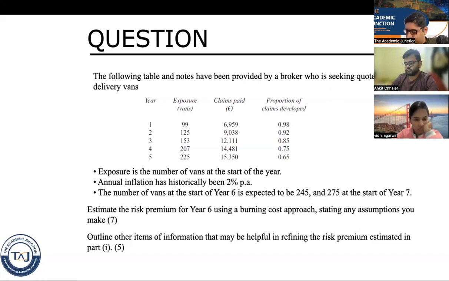All right. Ankit? Yeah, changes in the mix of business. If any one-off losses which have skewed the losses for any of the years, which should be known. Then changes in terms and conditions, like has there been any NCD or changes in excess along with the deductibles which Ankur mentioned.